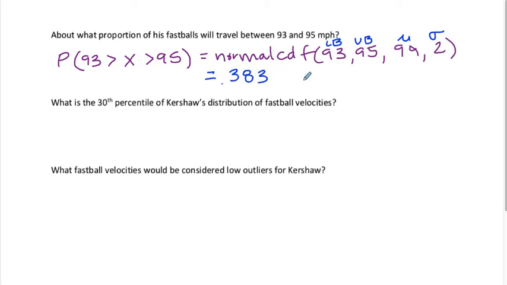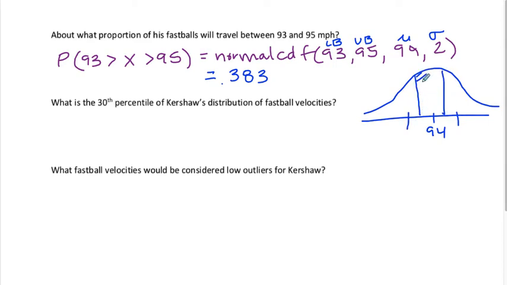And so as we keep looking, this calculation is helping us find if we had a distribution centered at 94 going by 2s. So when we look at this 93 to 95, it's quite a bit of the data there.